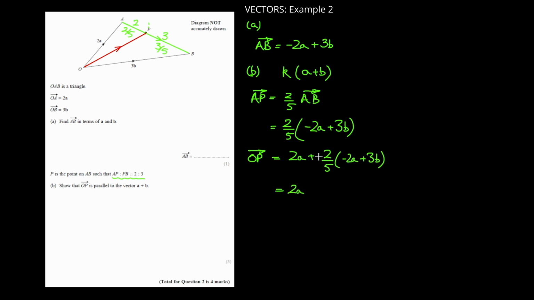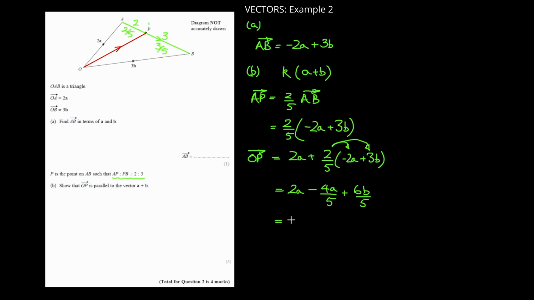2a, I now need to split this bracket apart. This is now going to be negative 4a over 5 plus 6b over 5. I always think when you're merging terms, one with an integer and a fraction, to turn this into a fraction over 5.